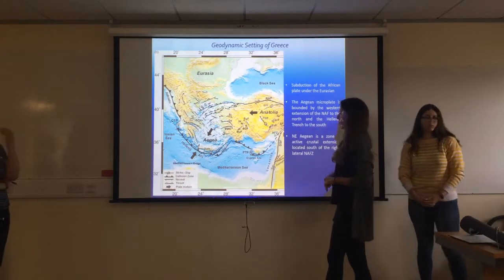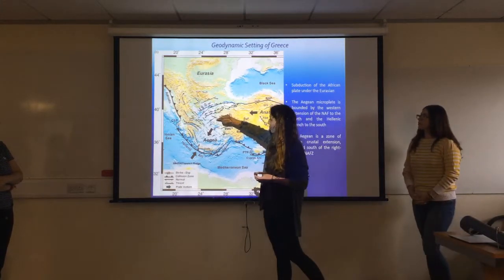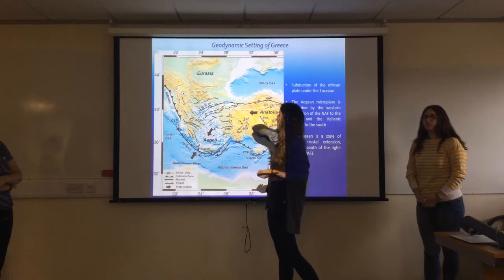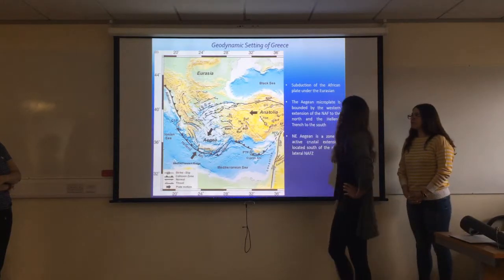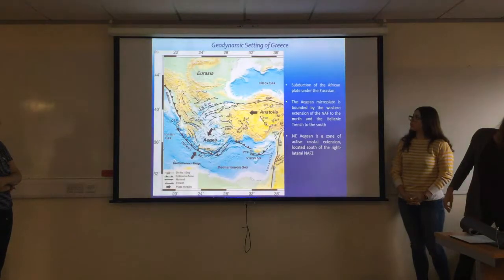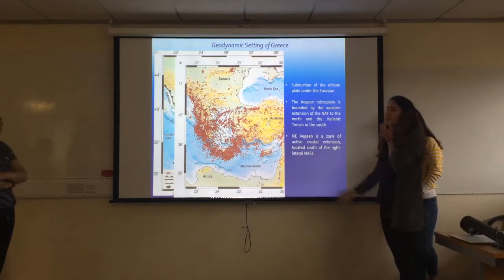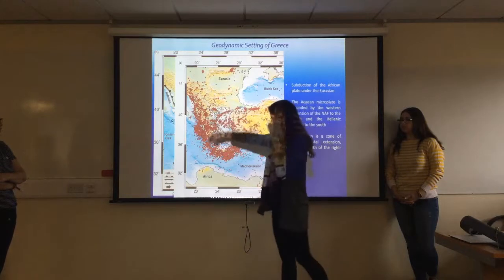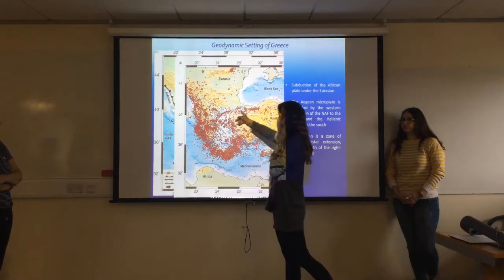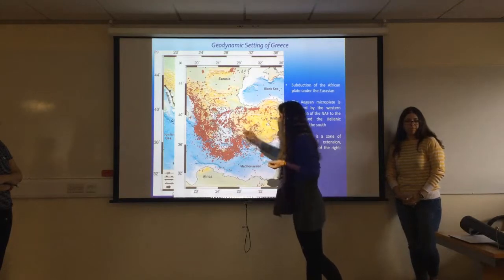Lesbos, where the earthquake occurred, is in the North Aegean Sea. Here we see the distribution of the earthquakes. As we mentioned, we are in the subduction zone, where all the earthquakes occur. And here is the North Anatolian with a big amount of earthquakes. And here is Lesbos. You can see all the earthquakes.